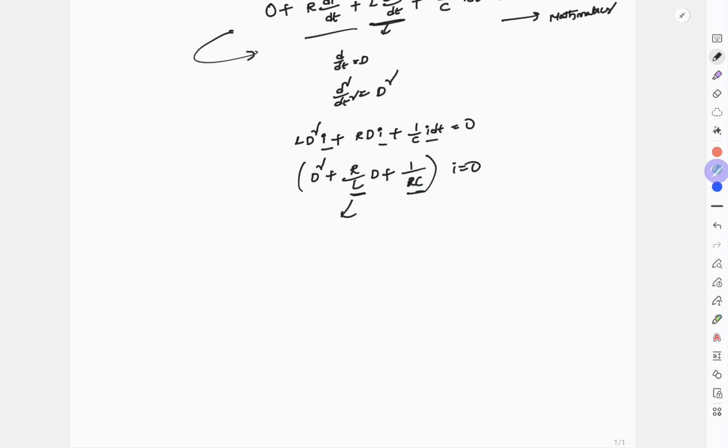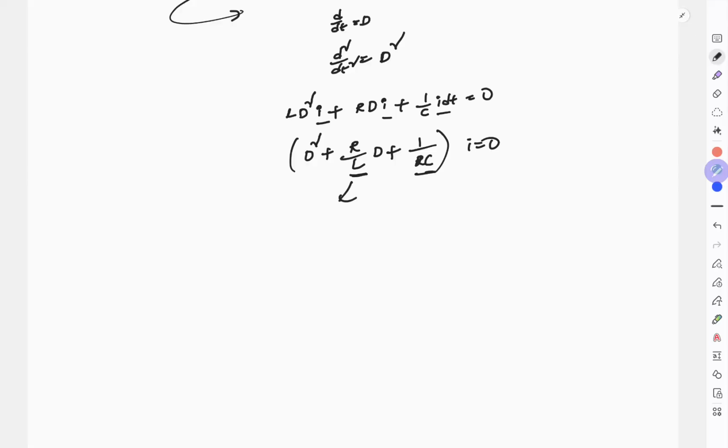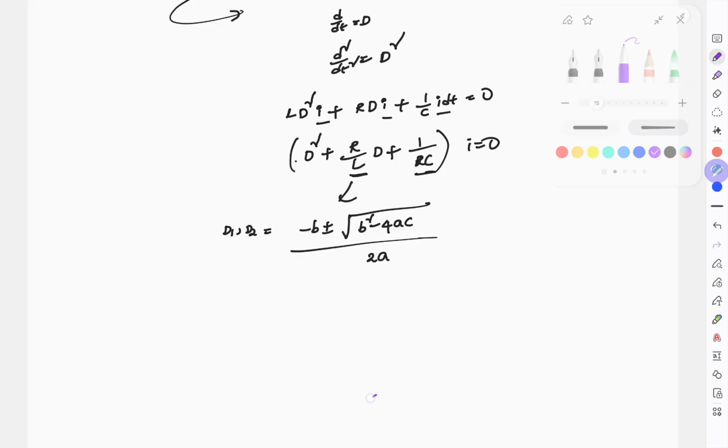Here I am going to explain one more important thing. You can apply the formula for finding D1 and D2: minus b plus or minus root of b square minus 4ac, by 2a. This is a, this is b, this term is c.